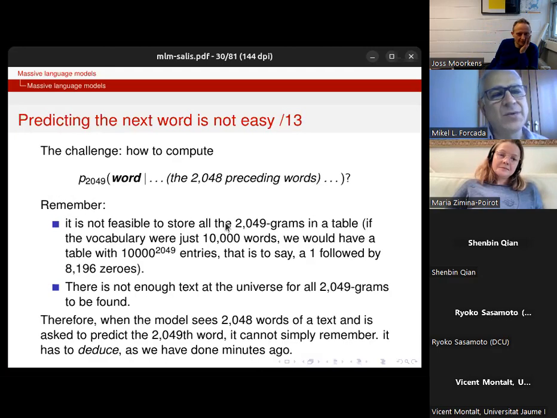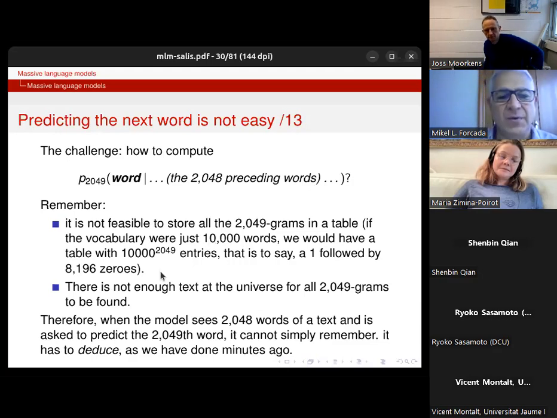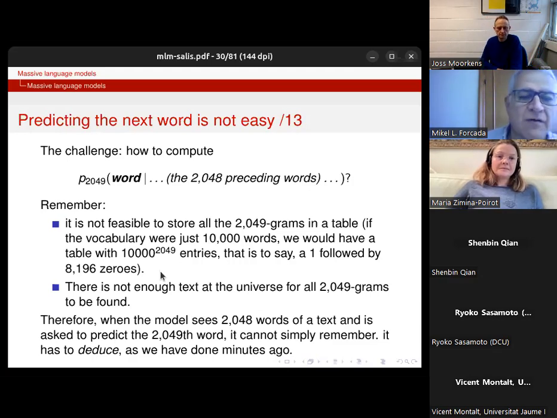Okay, so the challenge is, how is this computed? How do you compute the probability of a word after a bunch of preceding words? And as I said, remember, it's not feasible to store this. Even for a small vocabulary, we would have a table with a number of entries that would be a 1 followed by 8,000 and something zeros.